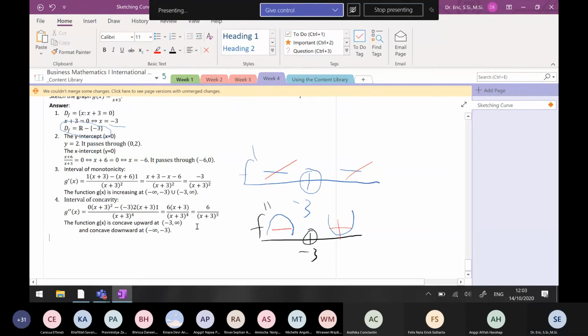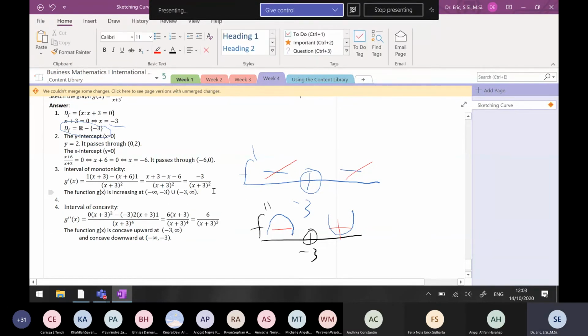And no relative extrema. Extrema means maximum or minimum. No inflection point.